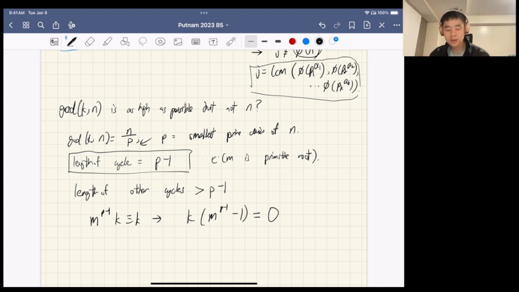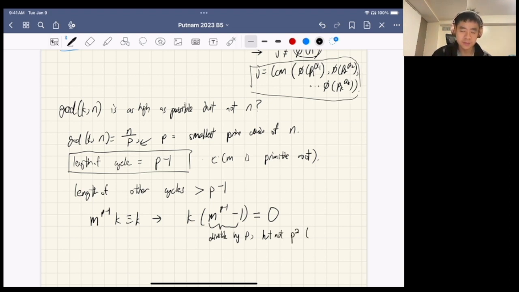Okay, so first of all, since m is a primitive root of everything, then this one is divisible by p for sure, but not p squared.